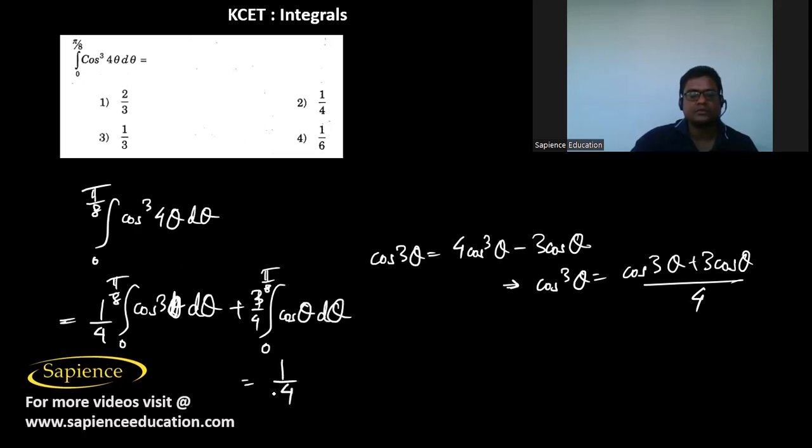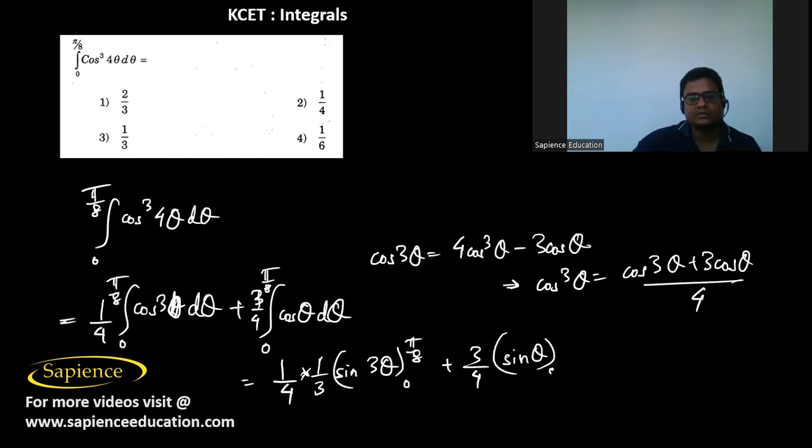So this will be 1 by 4 cos 3 theta. So integral cos 3 theta will be 1 by 3 sin 3 theta, and that will be from 0 to pi by 8. And plus this is 3 by 4, and integral cos theta is sin theta.